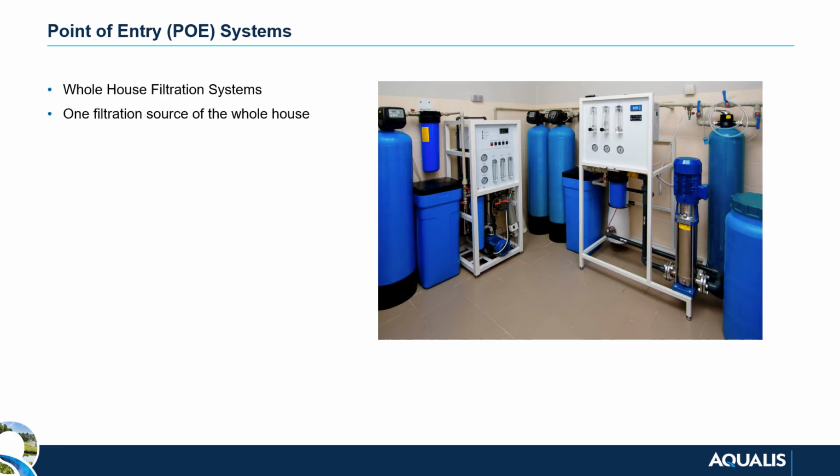A point of entry system is a system that treats all the water that goes through the distribution system. So at the point of entry, depending on what you have, either a residential home, a small business, or an industrial building, the water would be treated right where it enters the building, and therefore everything in the distribution system would have treated water.